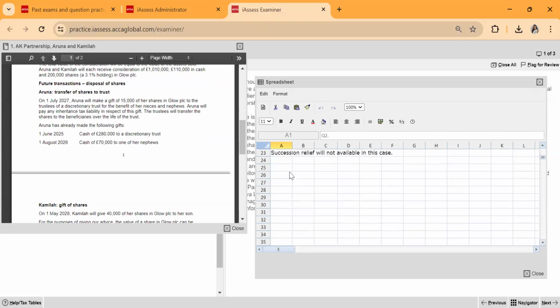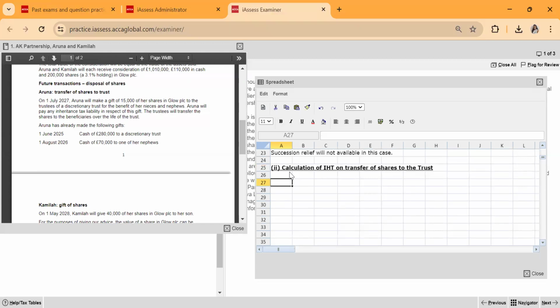I will write here second part: calculation of IHT on transfer of shares to the trust.